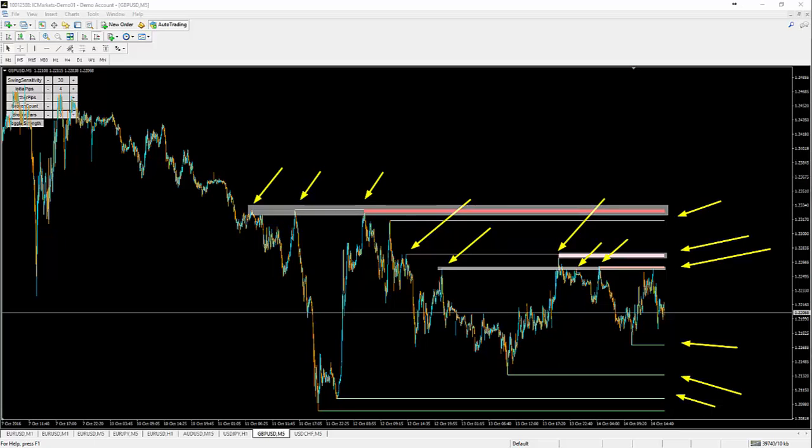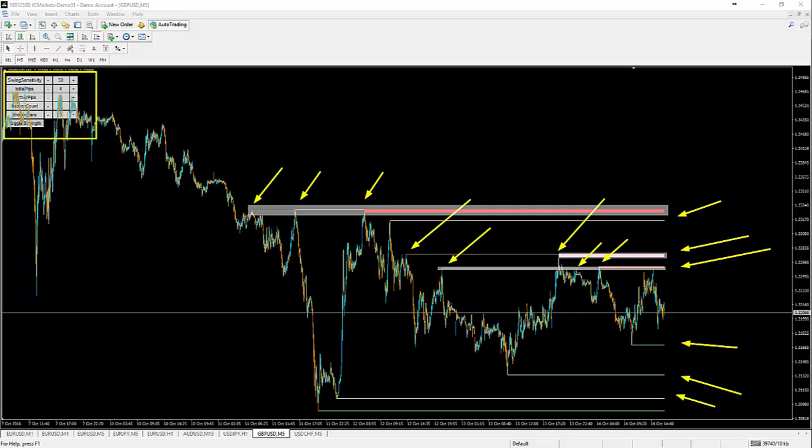Alright, so moving on, before we go into detail a little bit further, I'd like to explain more on the settings of the TFA Fractal Support and Resistance Indicator.